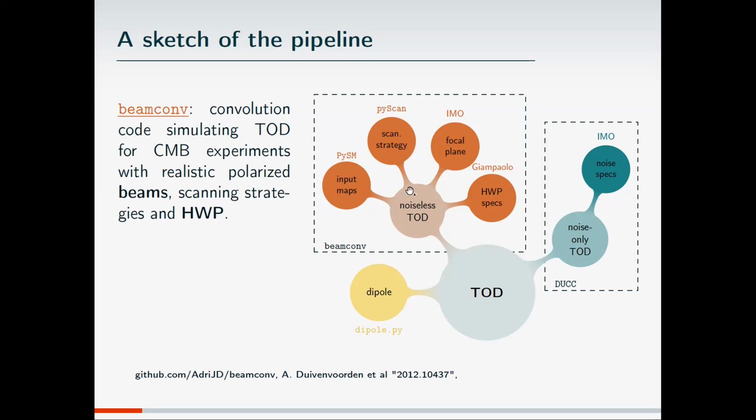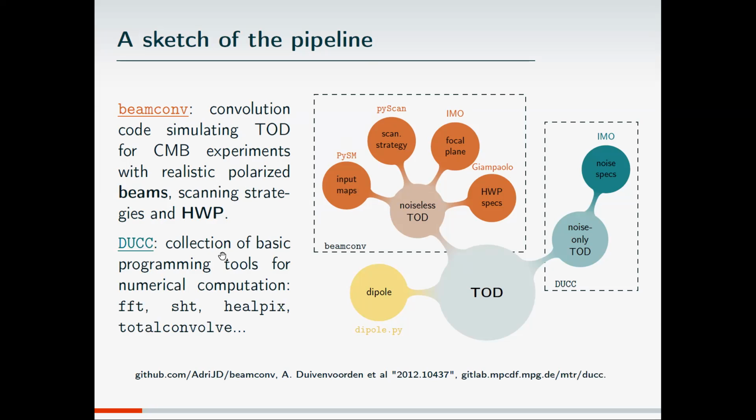I'm using beamconv, given all the important inputs, to produce the time-ordered data, while duck, which is a collection of many programming tools developed and curated by Martin Reinecke, I'm using just a very small functionality to produce a realization of the noise to add to the TOD to get a more realistic result.